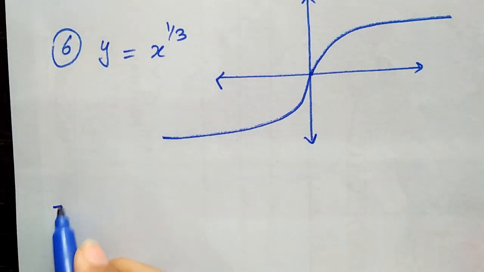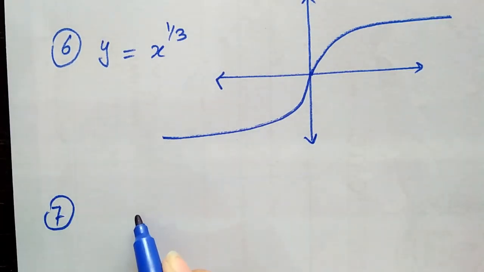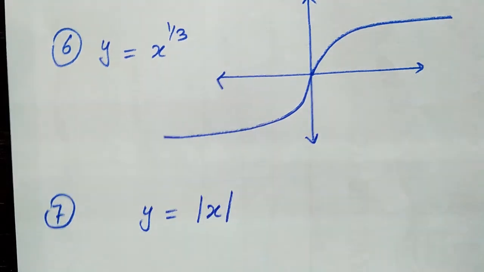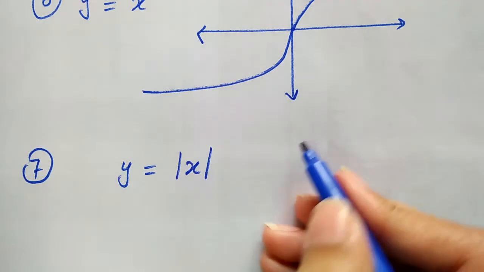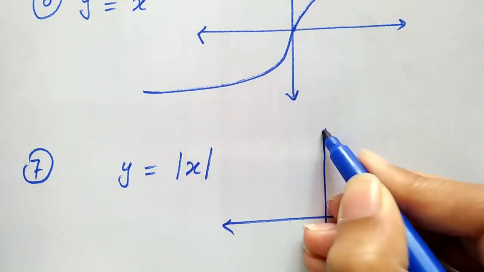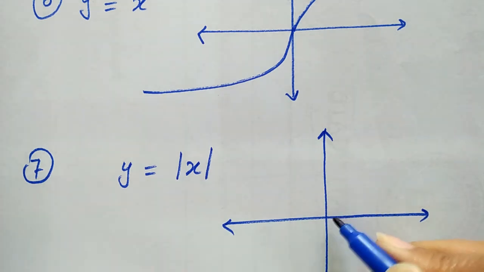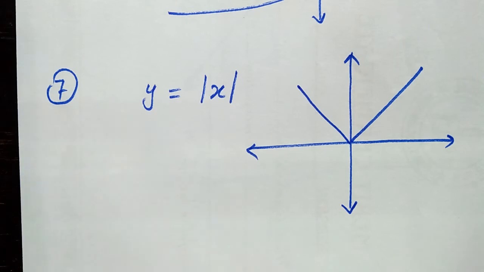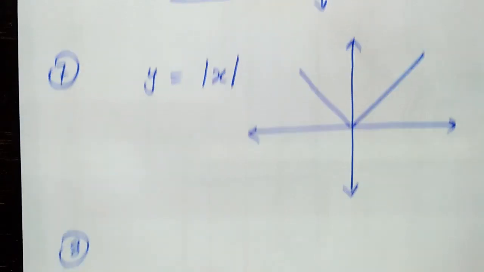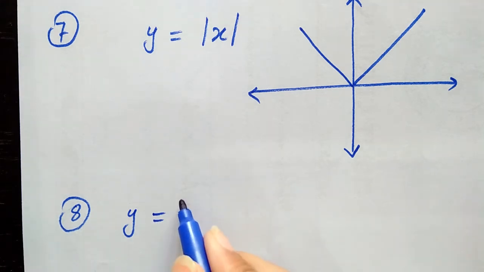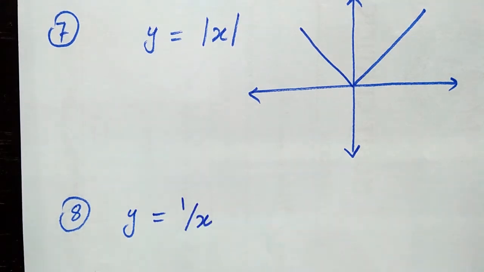Seventh one is y equals absolute value of x. Even function, so its graph will be symmetric about the y-axis. Now the eighth function, y equals 1 over x.